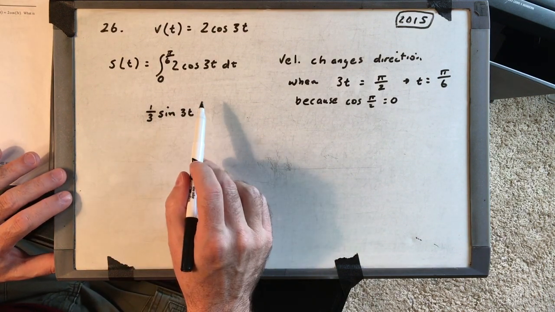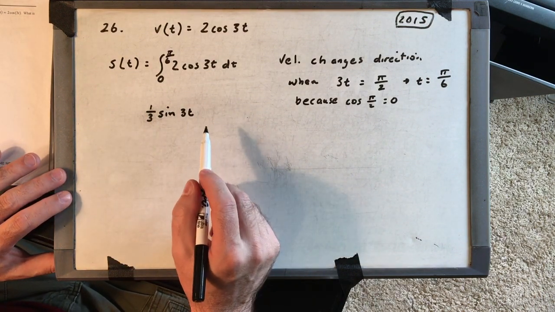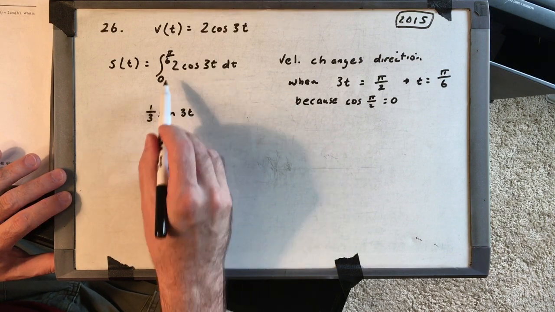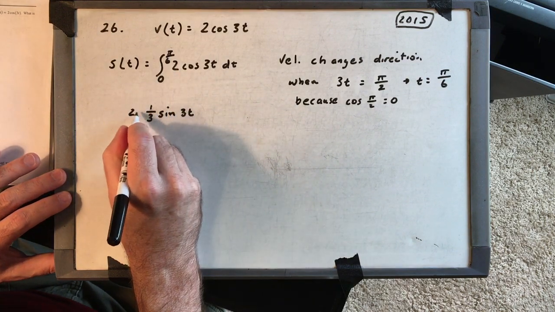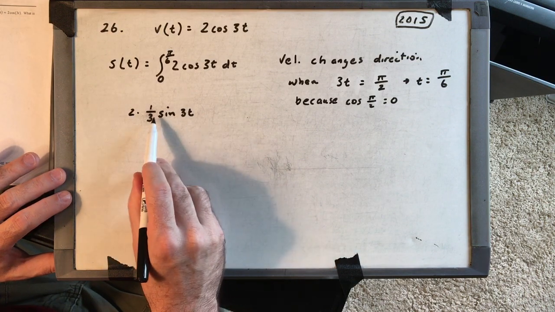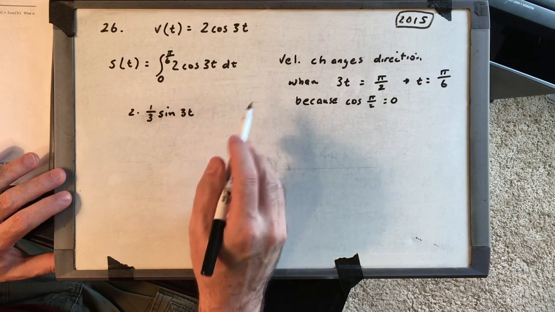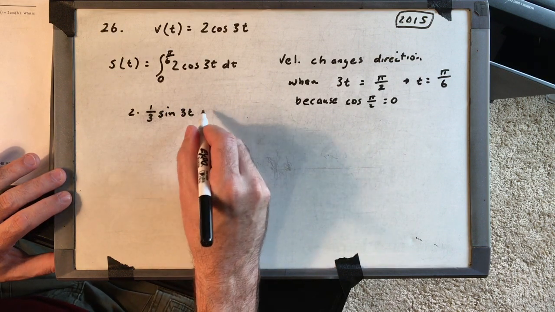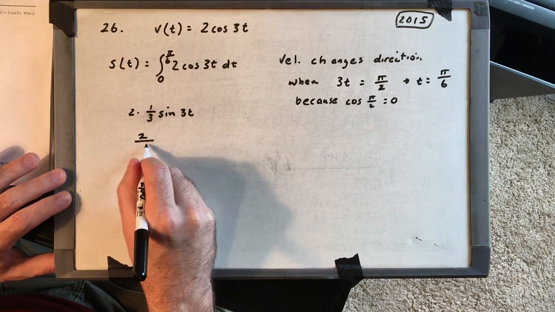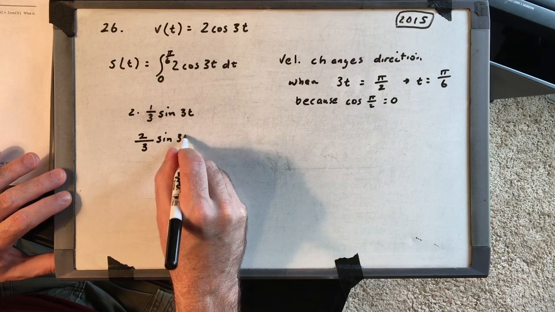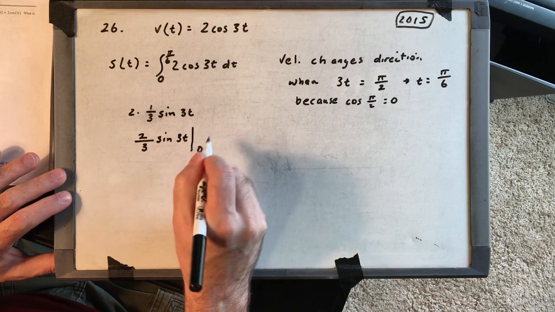So I kind of, instead of u substituting it, kind of use my brain on that, but feel free to make u 3t. We can't forget about that 2 out front also. But if you take the derivative of 1/3 sine 3t, you'll get cosine 3t. So we're going to evaluate 2/3 sine 3t from 0 to pi over 6.